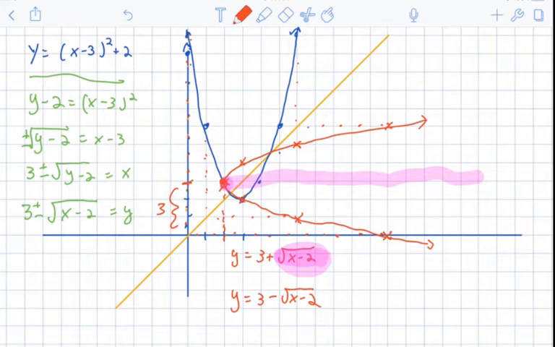Just like we expect. The vertex of this parabola is at x equals 3, y equals 2. And the vertex of the sideways parabola is at x equals 2, y equals 3. Just like we might expect.